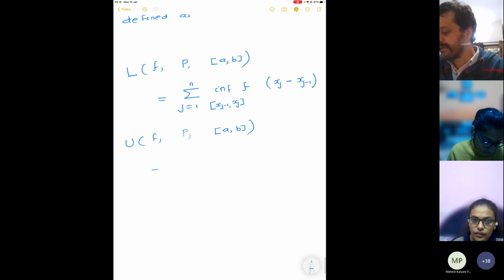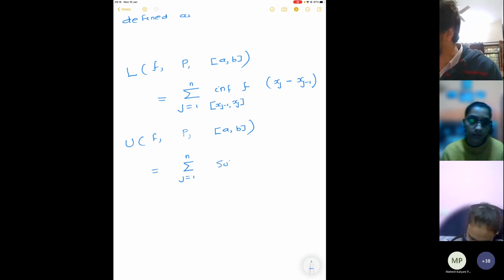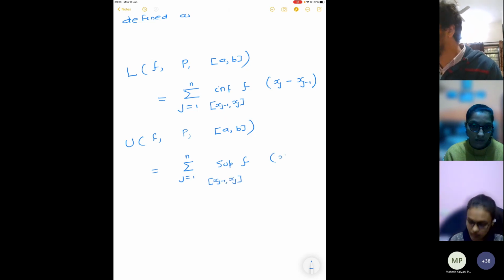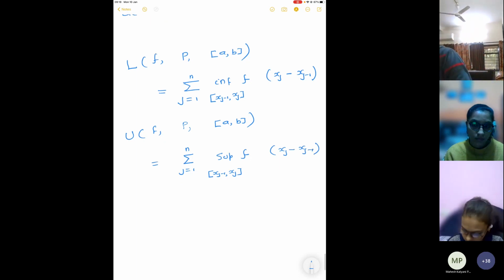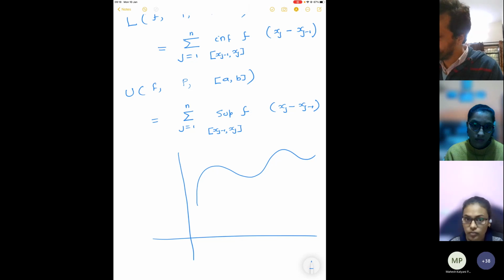This is the lower Riemann sum, and the upper Riemann sum is U f P AB. Similarly, consider each subinterval. In each subinterval, instead of considering f of x, consider a constant. What is that constant? Sup f over the interval, and multiply it with the length of the subinterval, and do it for each subinterval and sum it. If you think geometrically, this is your function, and this is xj minus 1 xj.